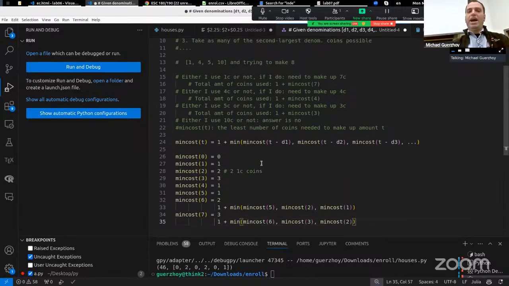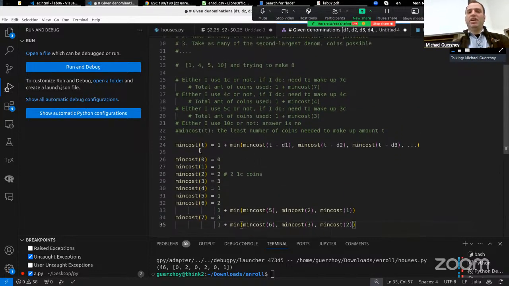So I have my denominations and they start with 6. I'm saying either I use a one cent coin, in which case the total number of coins is going to be 1 plus min cost 5. Or I use a 4-cent coin, in which case 1 4-cent coin and then whatever it costs to make up 2 cents.